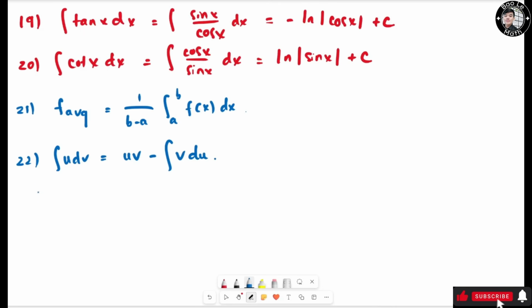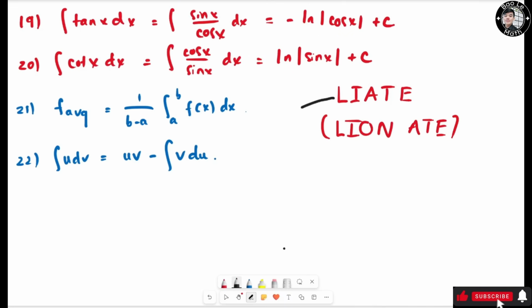And remember, in order to do integration by parts, you need to know the acronym LIATE. To memorize this one, just know this: Lion 8. L stands for logarithmic.